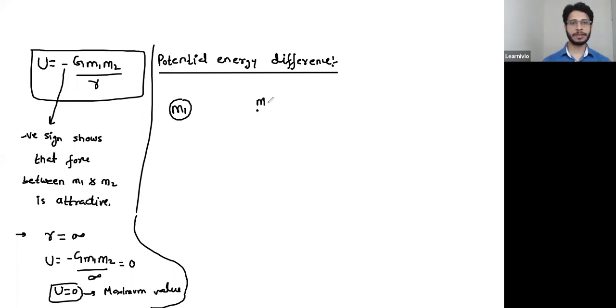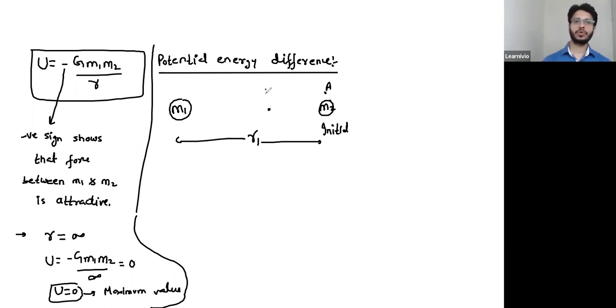I first place mass M2 at some point A, and I call this point the initial point. This separation is R1. Then I take this M2 to a point B, and I say that this separation is R2, and this is the final position.